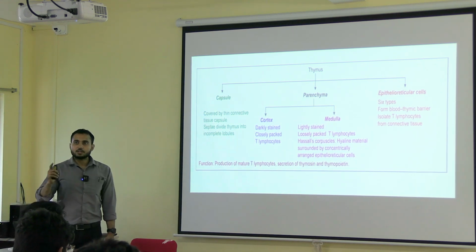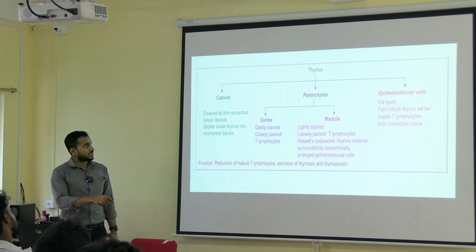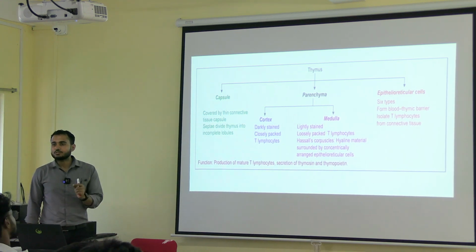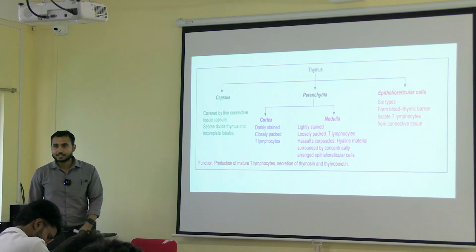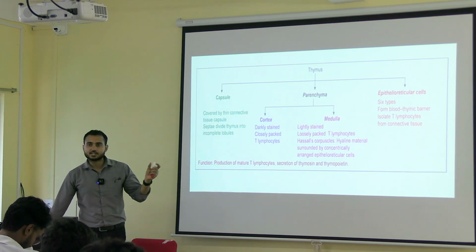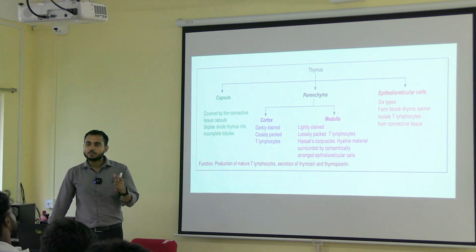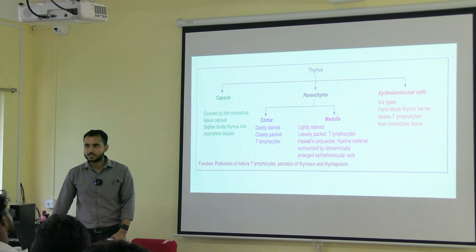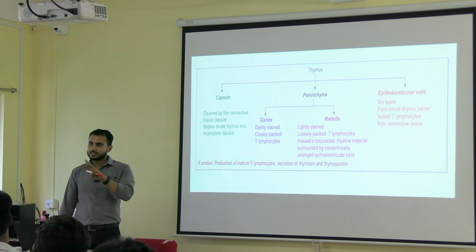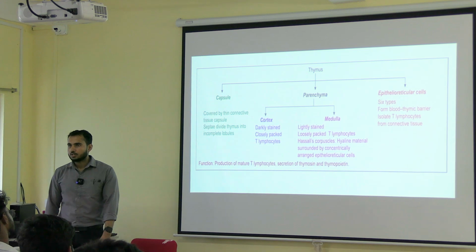Now another important point in the thymus is that there are 6 different types of epithelio-reticular cells, and they have very important functions. These epithelio-reticular cells are also called thymic epithelial cells, specialized cells present in a supporting role in the thymus. Of these 6 types, 3 are present in the cortex and 3 in the medulla.